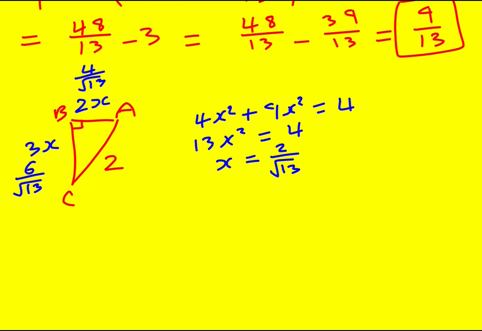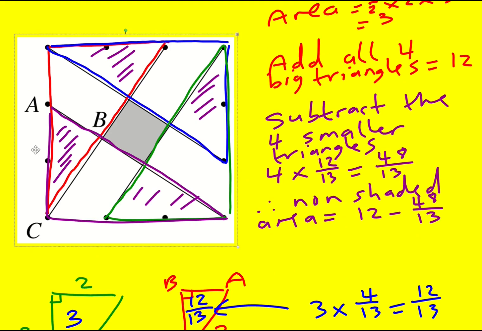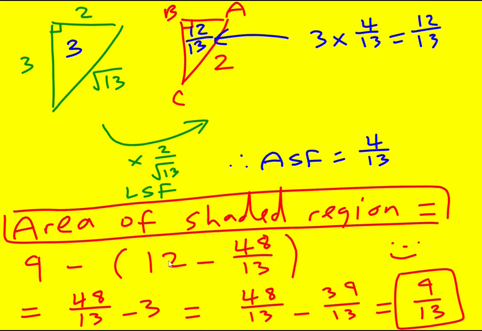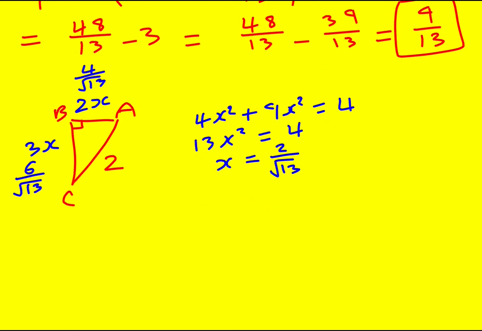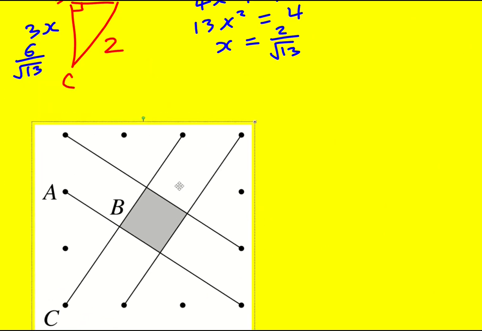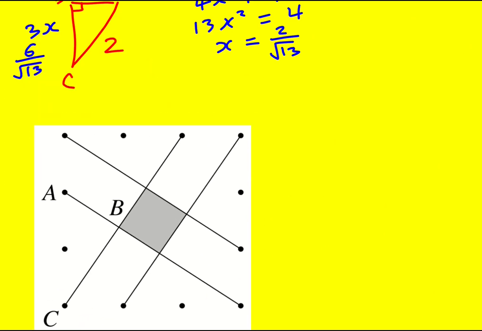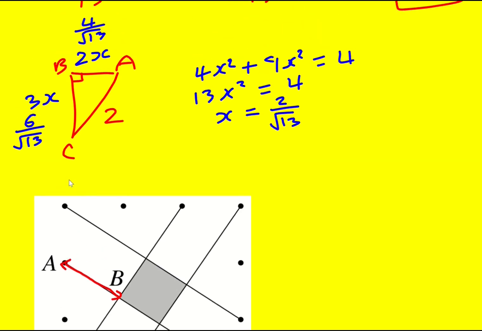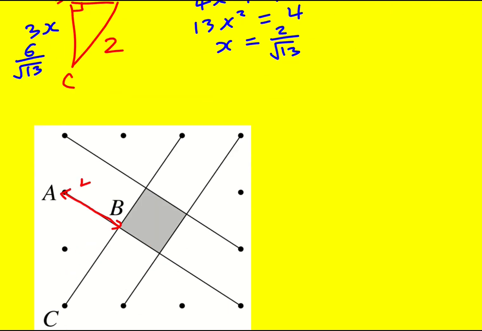Now, sorry, I wanted a different graph. Now, this is useful because when we look at the diagram, we've just worked out, and this is what you would have got if you'd solved it using coordinate geometry, by the way, that AB is 4 over root 13.